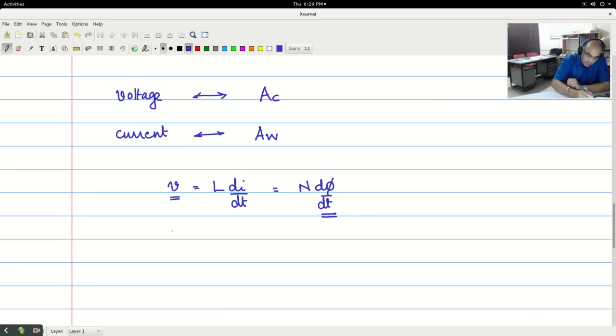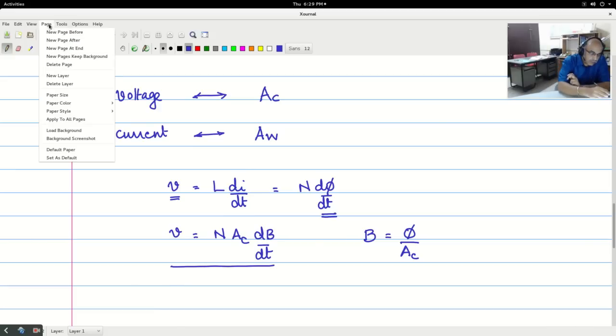Taking those two, we see that voltage is related by N AC dB by dt, where B is the flux density. Flux density B is actually the flux by the core cross section area. So these are fundamental relationships. I will be reviewing them as we go along, just in case you have forgotten, you can probably start recalling them. Now this is an important relationship we will use.